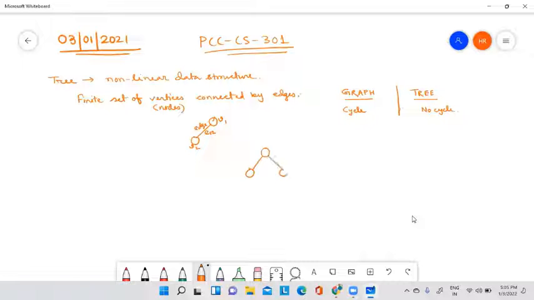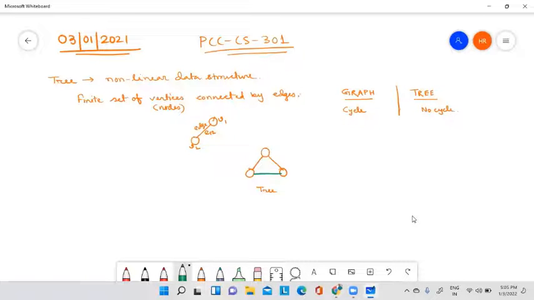Suppose a structure has three nodes, or three vertices, and there are two edges. This is a picture of a tree. But if I somehow link these two, then it becomes a cycle. Why does it become a cycle?